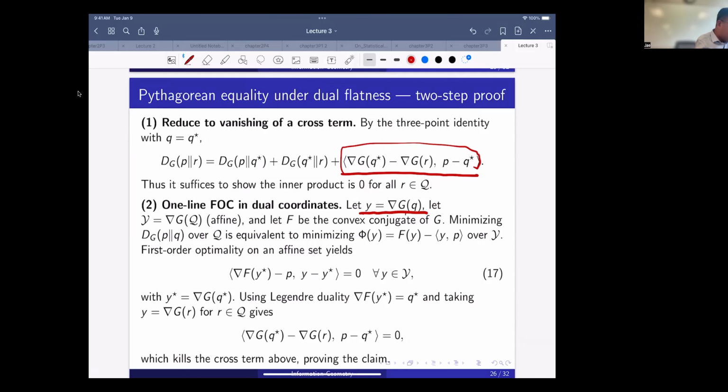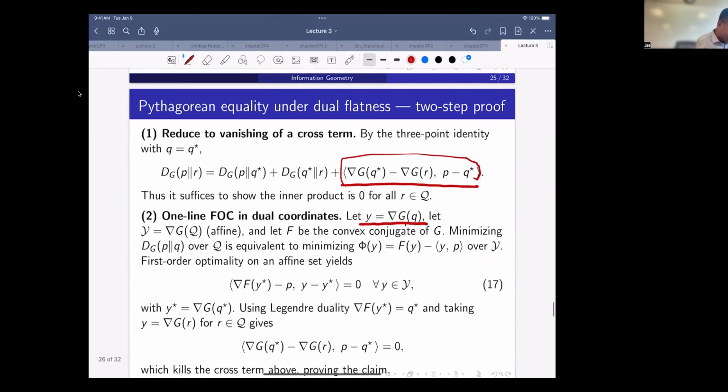This is a dual coordinate system characterized by generator G. And then we can create a dual space because we have a dual mapping, and because Q is affine, then Y is also affine. Then we construct a convex conjugate function.